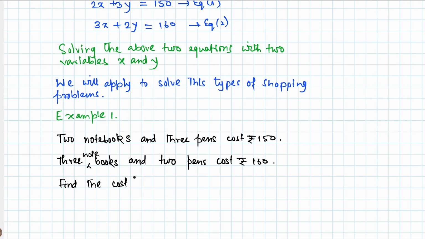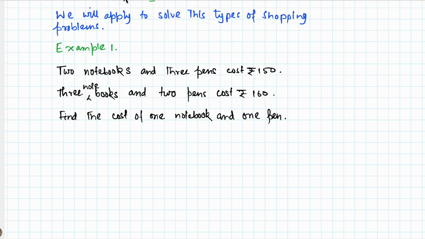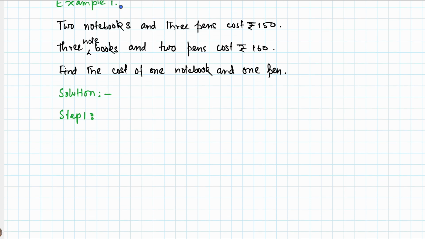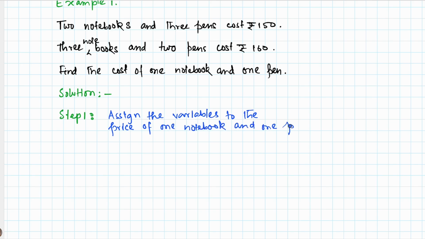Now find the cost of 1 notebook and 1 pen. Very easy. Let's solve this problem step by step. Solution. Step 1. Again we will follow the same 5 steps which will help us to solve this kind of equations. Assign the variables correctly to the price of 1 notebook and 1 pen.